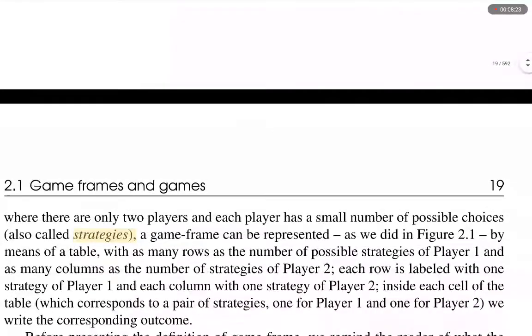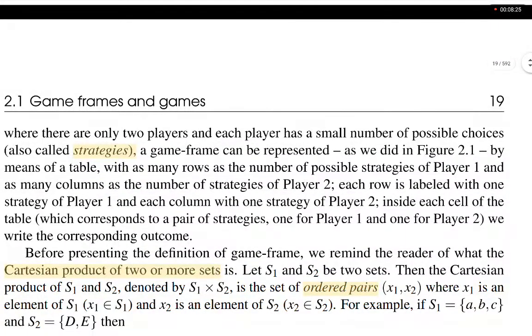In the case where there are only two players and each player has a small number of possible choices, also called strategies, a game frame can be represented as we did in Figure 2.1 by means of a table with as many rows as the number of possible strategies of player 1 and as many columns as the number of strategies of player 2.